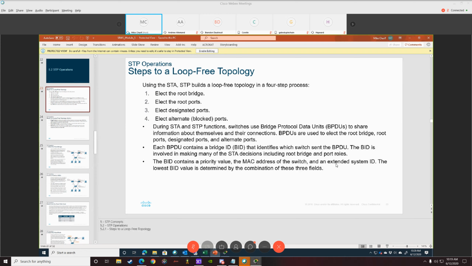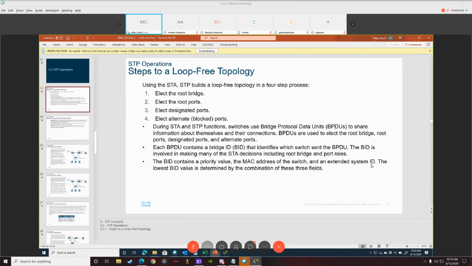Now, they talked about the extended system ID here. Sometimes you can see the priority value, let's say 32768, but the value is 32769. So what they add here is the extended system ID. The extended system ID is basically the VLAN ID.